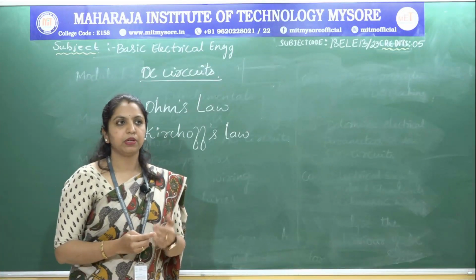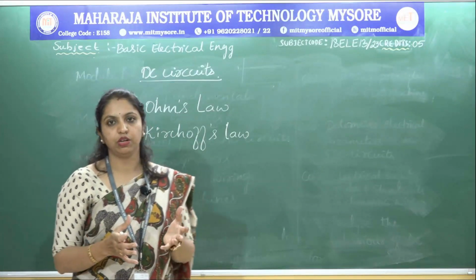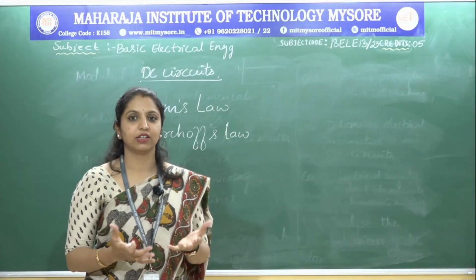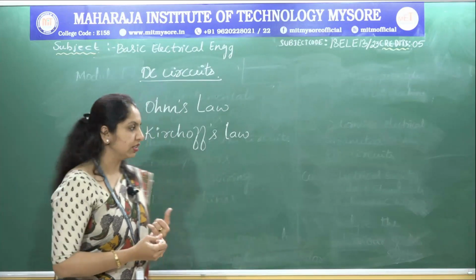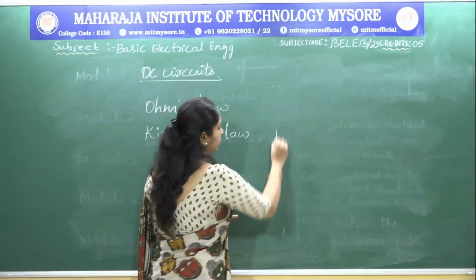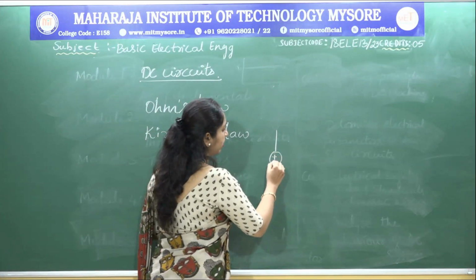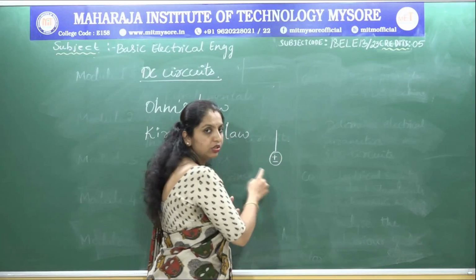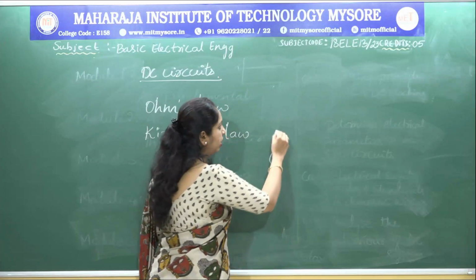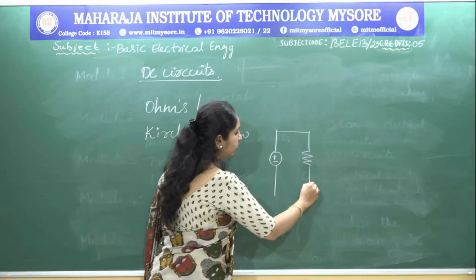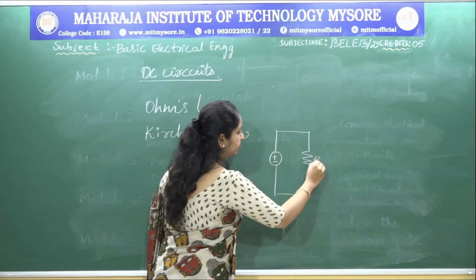Remember, a DC circuit means a circuit which consists of DC sources of energy and only resistances. So here we have DC sources of energy, which we can represent in this form. This is a DC source of energy and only resistances.